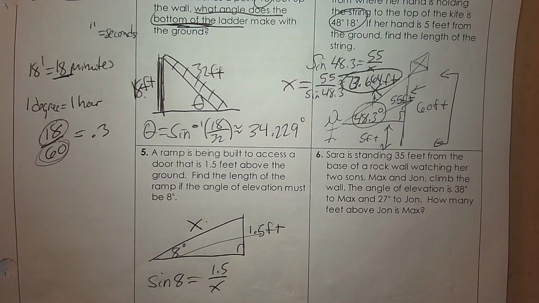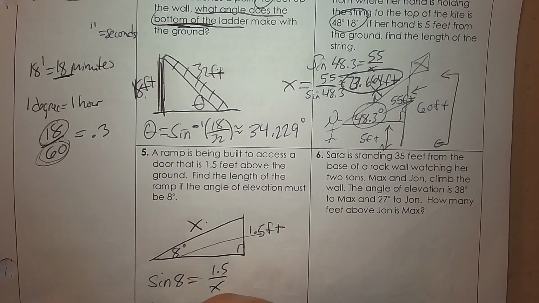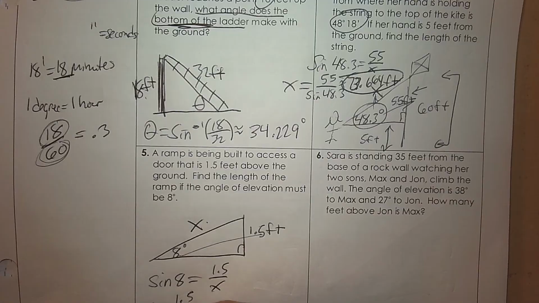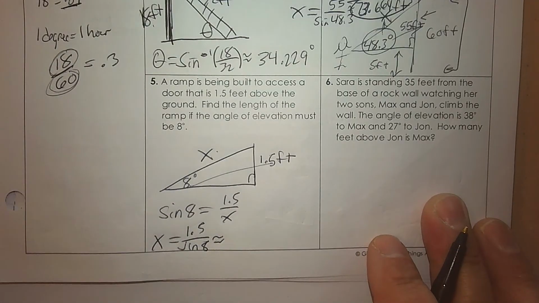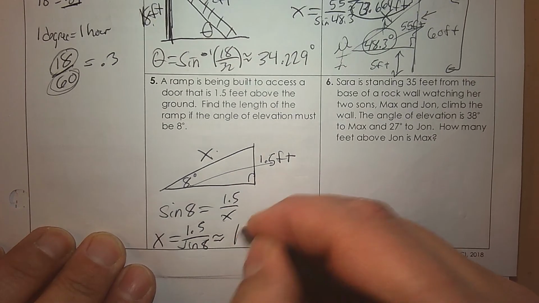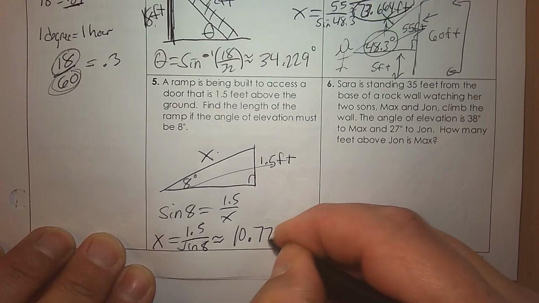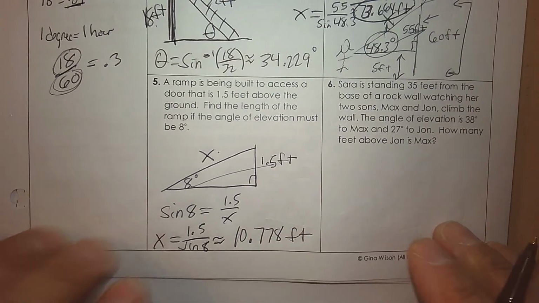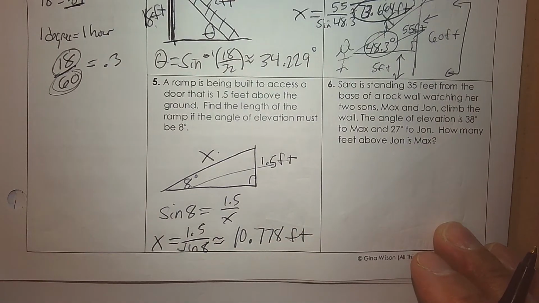To get x by itself, you multiply and divide, and then use your calculator. So 1.5 divided by sine 8. And the ramp would be about how long? 10.78 feet. All right, number 6.